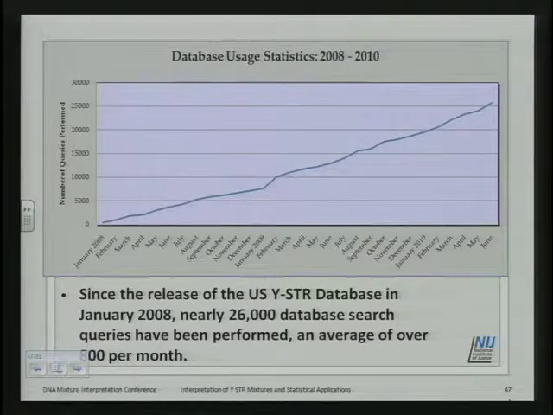And we believe that most of that is from casework labs, but we don't have any data. Who else would be searching the Y-STR database? Maybe some of the commercial ancestry companies, but I don't think so, because they've got larger databases. But I'm going to guess, based upon the feedback, that most of that would be from crime labs using it.